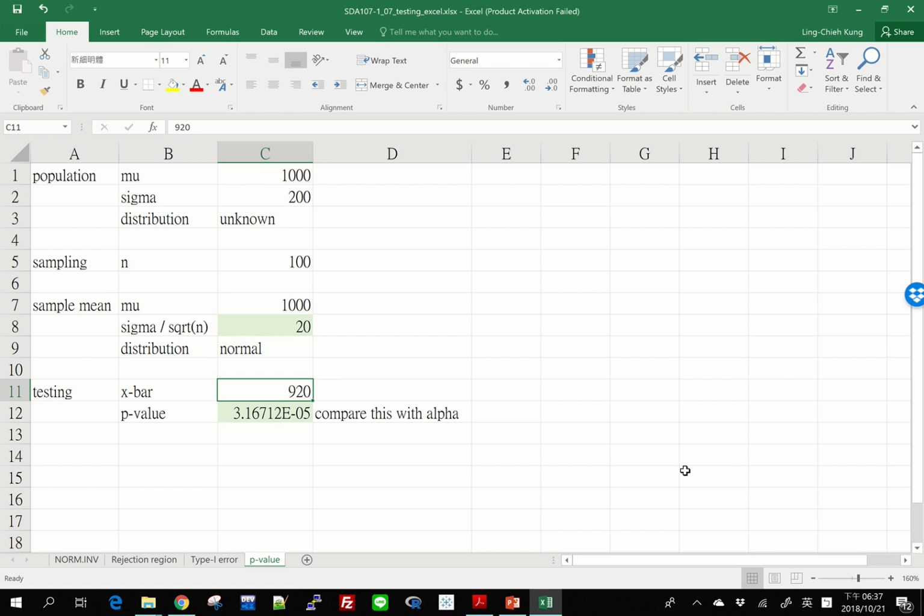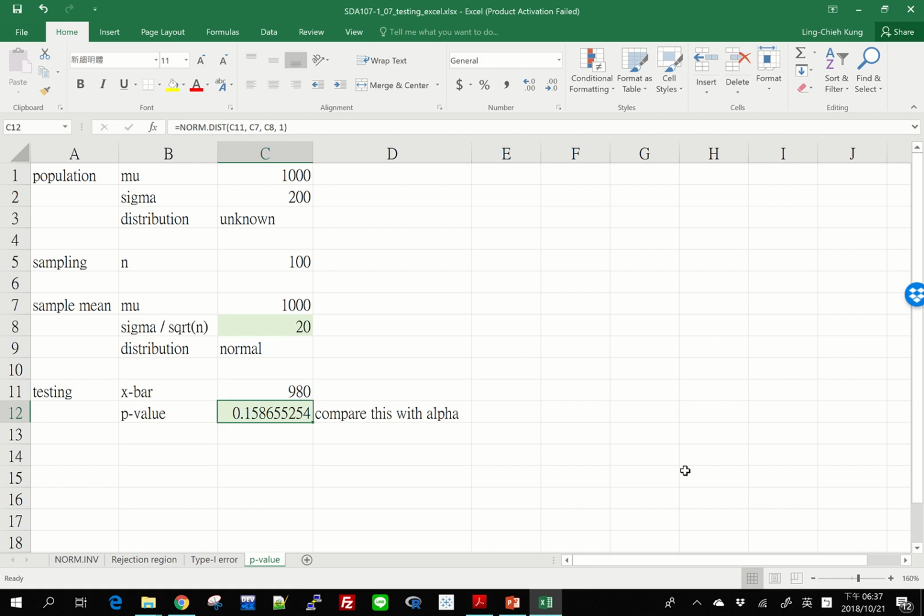So again, if this is 960, well, it's somewhat possible. But as long as your p-value is smaller than your alpha over 2 in a two-tailed test, then we say that probability is too small. If this is 980, well, you even have more than 15% probability to see this outcome.